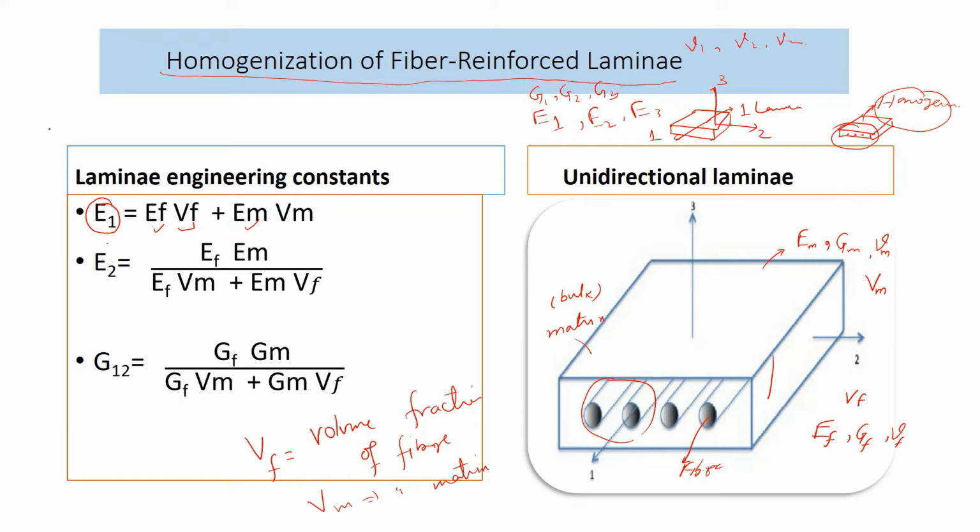So we will get E1, the Young's modulus or modulus of elasticity along direction 1, that is this direction. We will get the lamina values E2, G12, and similarly different values for it.